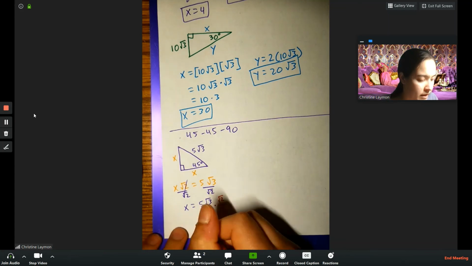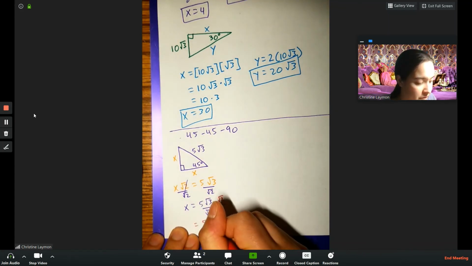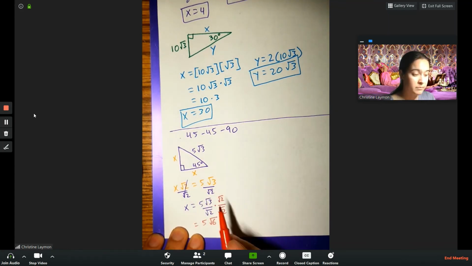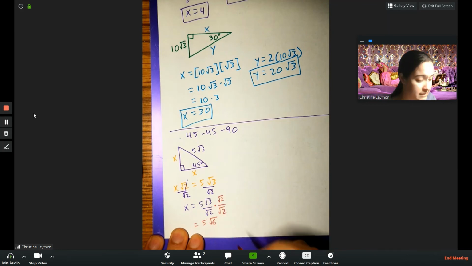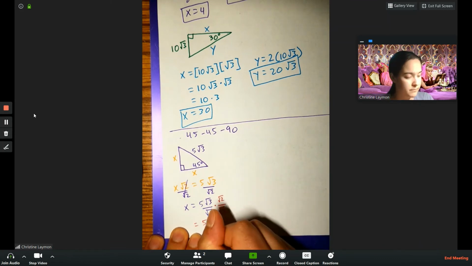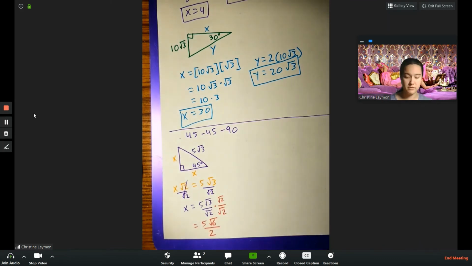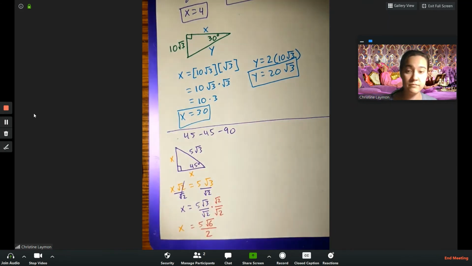Now I have 5 radical 6, because 3 times 2 is 6. And in the bottom, radical 2 times radical 2 is just 2. That is the value of x. X equals 5 root 6 over 2. Go ahead and box that answer.